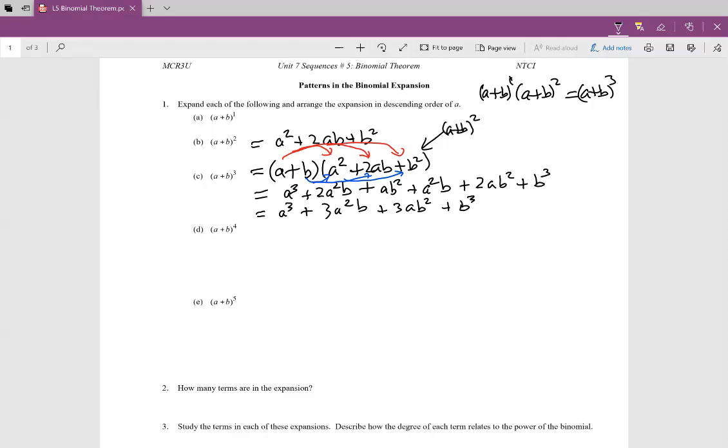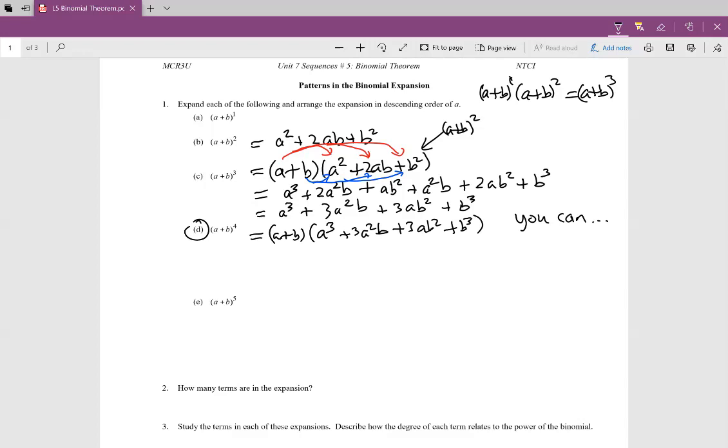So question D, what? You have to do a plus b to the fourth. Does that mean we're going to do this: a plus b times a cubed plus 3a squared b plus 3ab squared plus b cubed? Well, you can, but we're not going to do that.